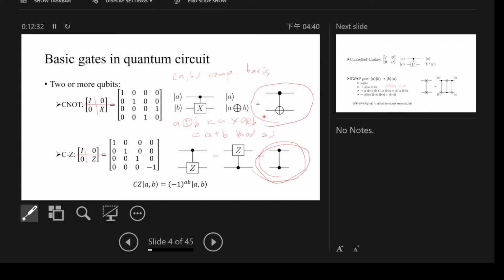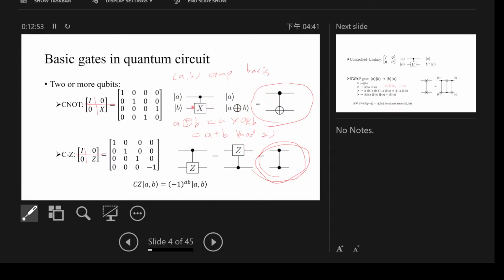Okay? And anyway, what this gate does is you have AB as input, and the output is, so the first qubit will be called the control qubit. So whatever computational basis input you have in, you will have the same thing as output. Okay, and so controlled on this thing, what it does is it will flip the second thing.